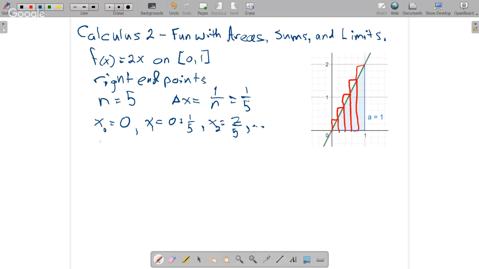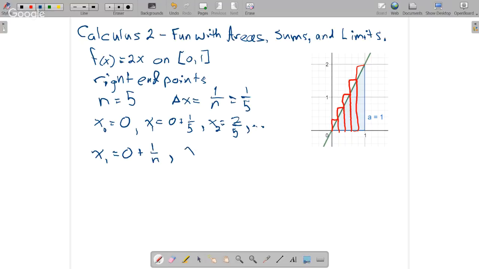I'm going to generalize this a little more, and just ignore that I said n is 5. So in general here, starting at 0 in this case, I'm just adding on 1 over n. So the smaller I make the rectangle, the more rectangles I make in that region, the better the approximation is going to be.